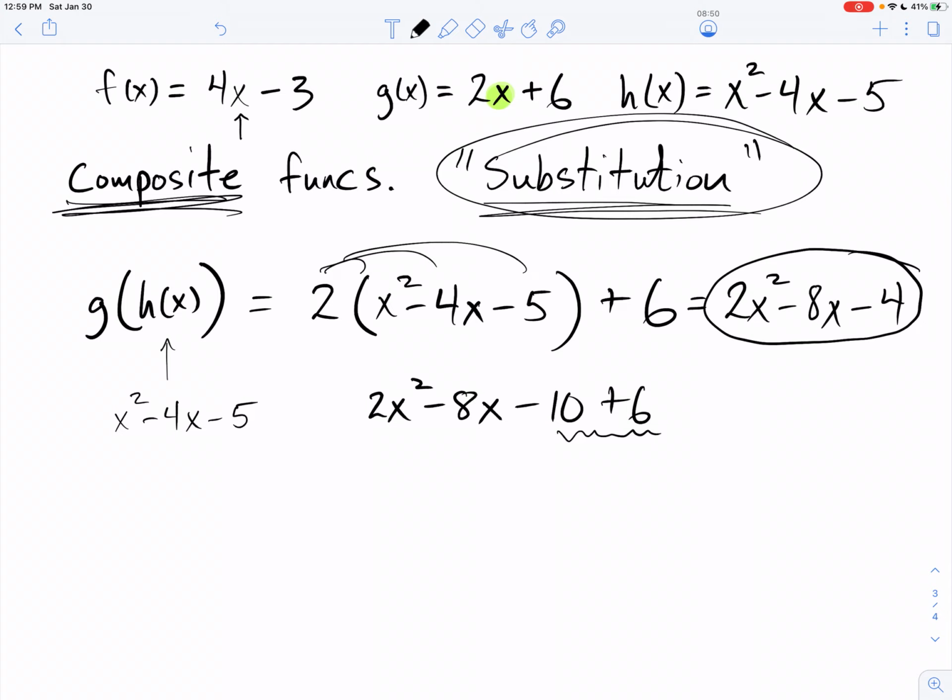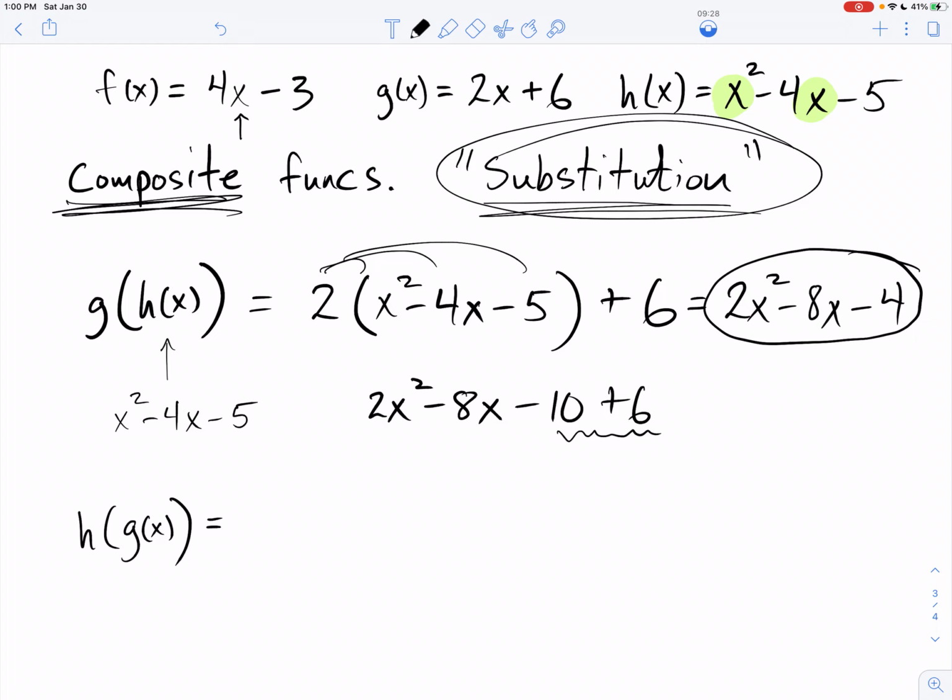Now, once again, g of h of x is not necessarily the same thing as h of g of x. Doesn't have to be the same. In fact, you will find that none of these are the same. I picked them out on purpose like that. So you have to do all the work. What am I doing this time? This time, wherever there's an x, and there happens to be 2 of them in h, I'm going to put g there.